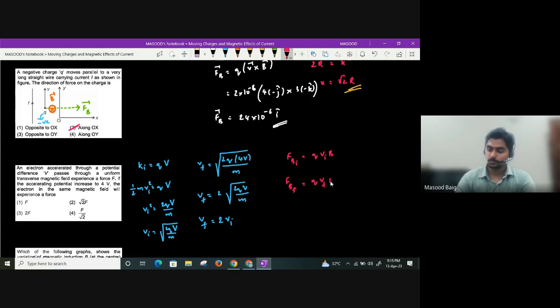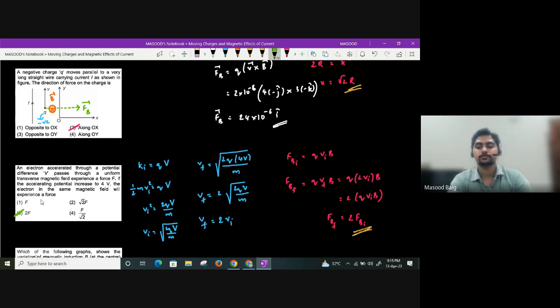Q V final into B. What is V final? 2 times V initial into B. So I can write it as 2 times Q V initial B, which is 2 times F B initial. Is that clear? The force will become 2F.